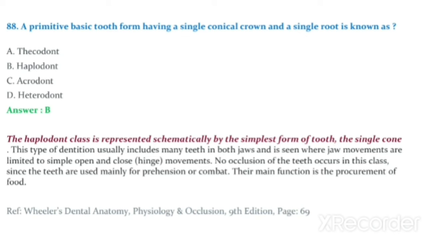No occlusion of the teeth occurs in this class since the teeth are used mainly for prehension or combat. Their main function is the procurement of food. The reference for this answer is from Wheeler's Dental Anatomy, Physiology, and Occlusion, 9th edition, page number 69.